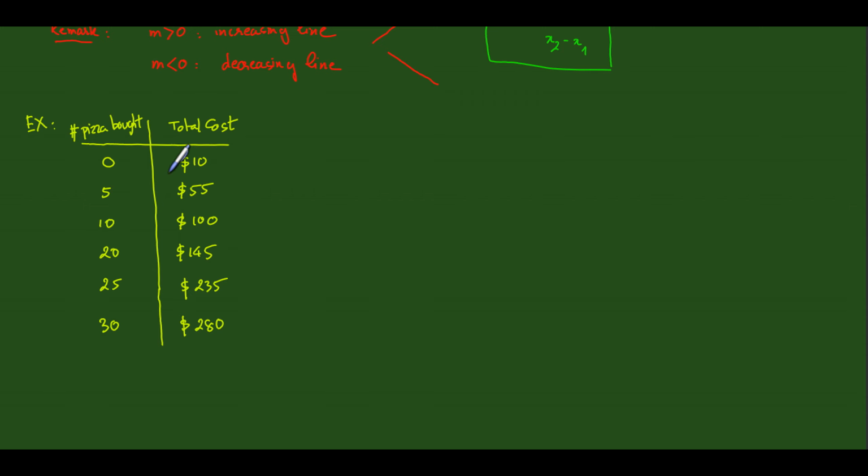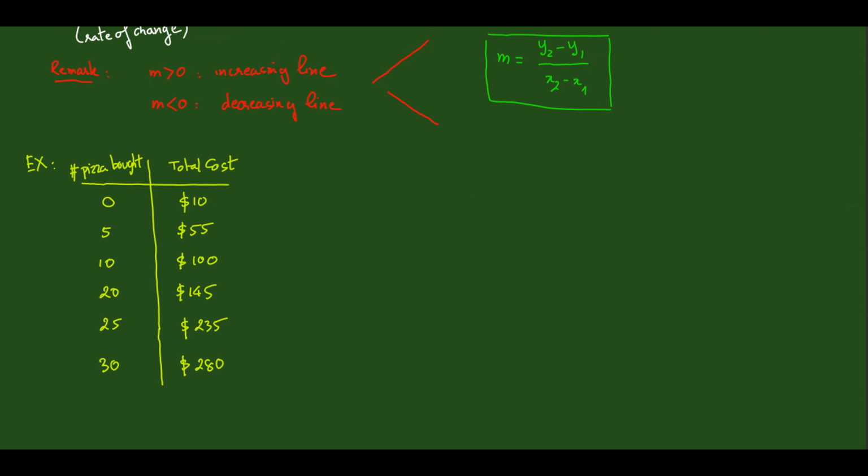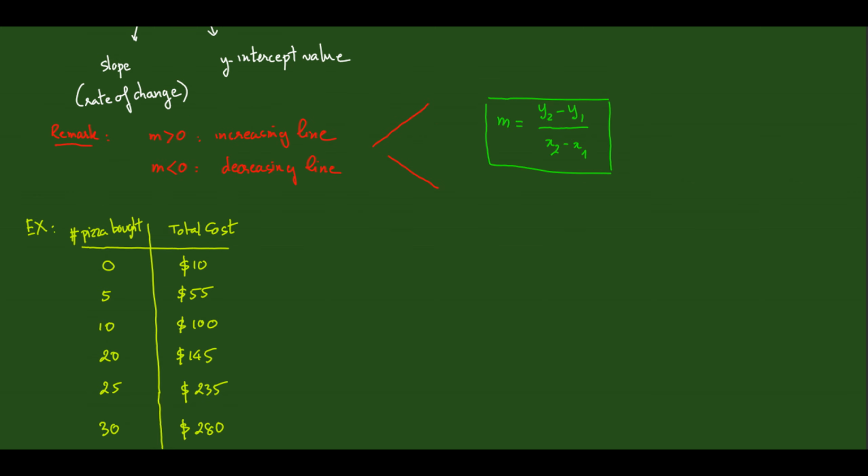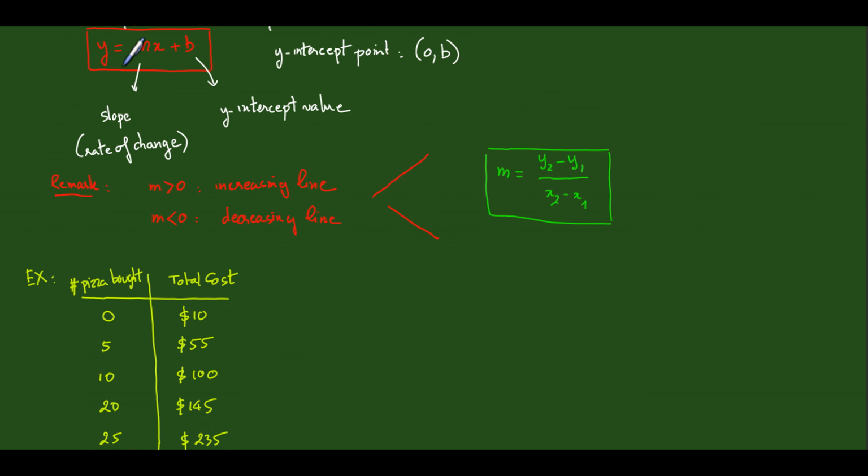But this is a problem for you to be able to see that I can create a linear equation with all the variables here, based on the given information. So the reason I say that if you don't buy any pizza, the total cost is still $10, is because this $10 over here is due to delivery charge.